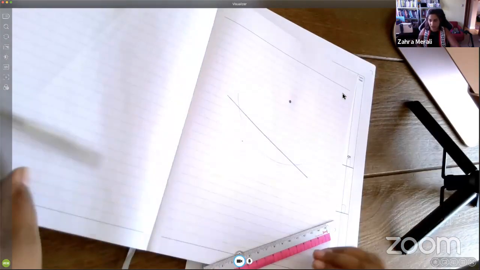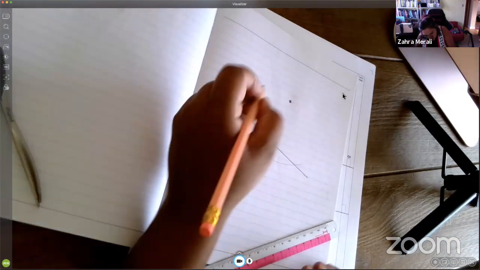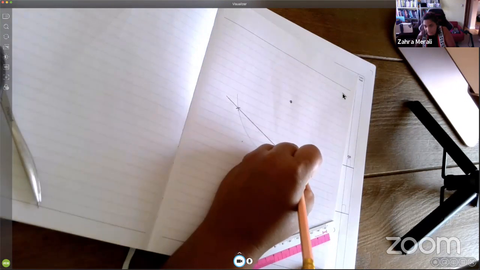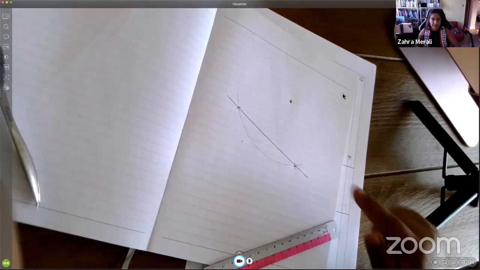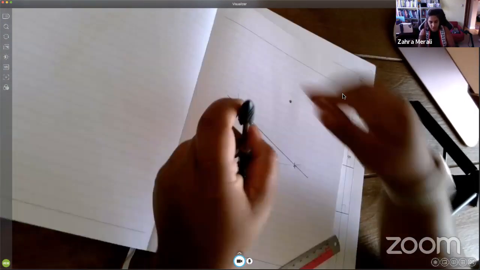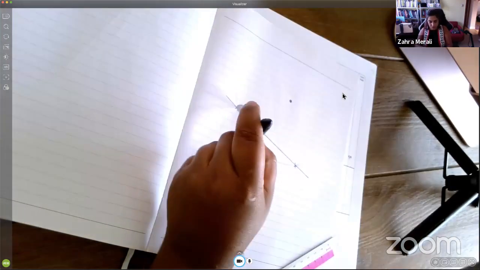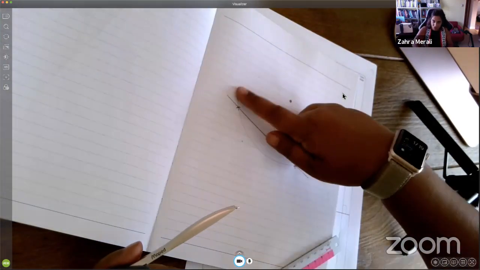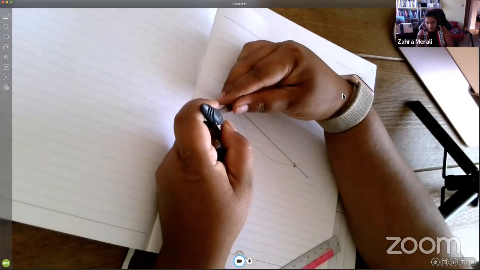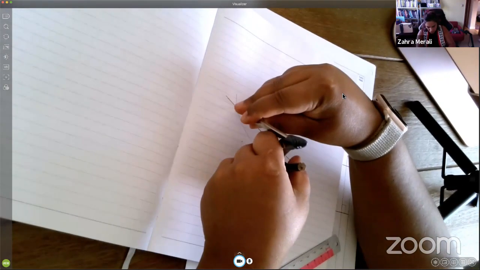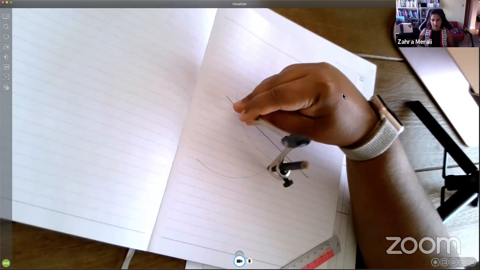And if you see, this arc has crossed the line in two places. So now you take your compass, you put it on one dot, so where the line has crossed the arc, and you draw another arc.